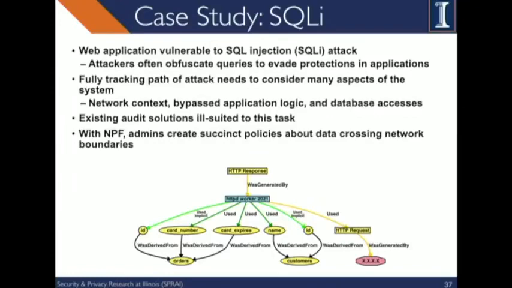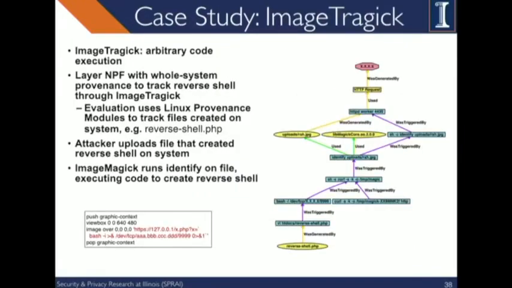So it would be relatively easy, thinking back to the DNC example, to make a rule such as, I don't know much about my system, but I know that PCI data should only be flowing to the Visa network. And therefore, if this goes to any IP address that's not associated with the Visa network, I know something's up, right? So we can use this to perform data loss prevention within the system.